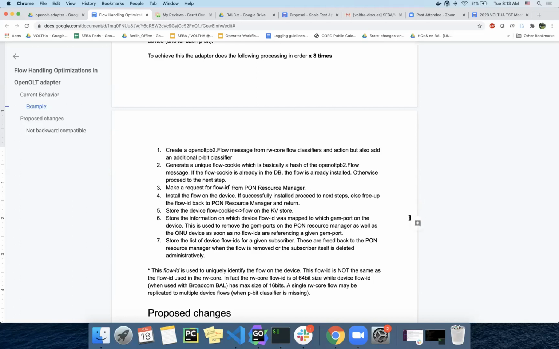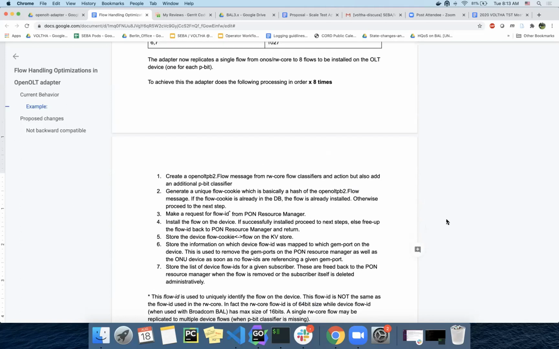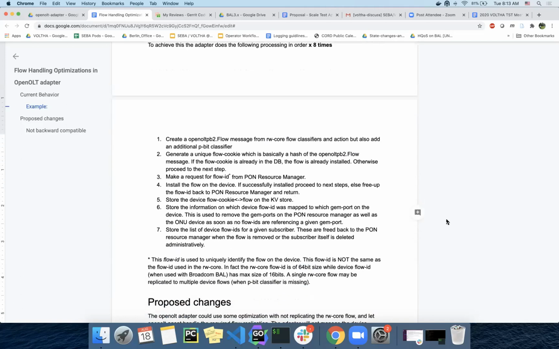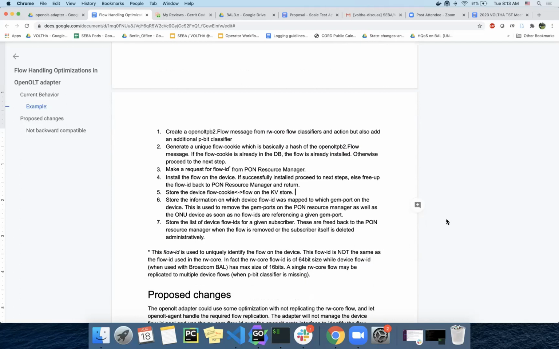This is useful when a flow is deleted and no flow is referencing a particular gem port anymore. You go ahead and free up the gem port to the PON resource manager, and you also clean up this gem port on the ONU device. So this particular mapping is useful for us.